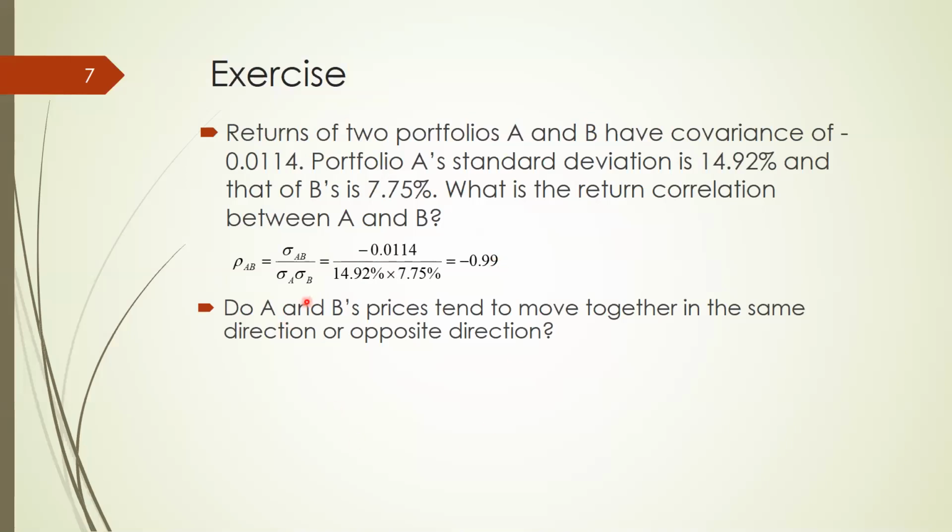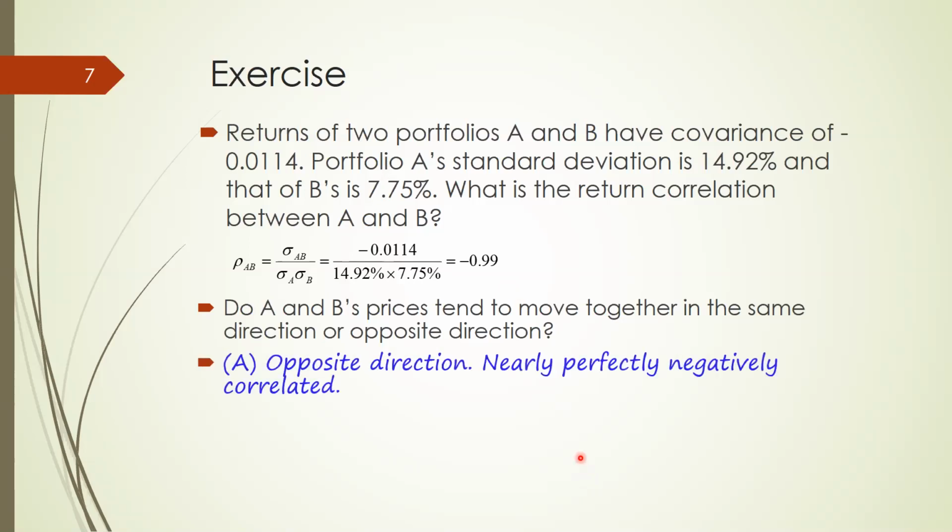According to the formula, we take the covariance between A and B scaled by the product of the two standard deviations, which gives us the correlation coefficient negative 0.99, which suggests that the two securities tend to move up and down in the opposite direction, and they have a nearly perfect negative correlation coefficient.